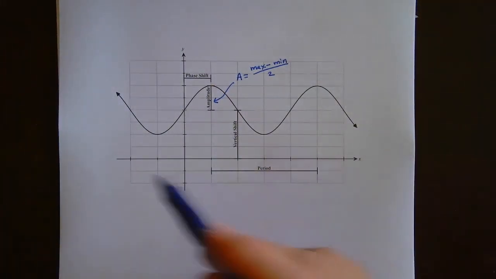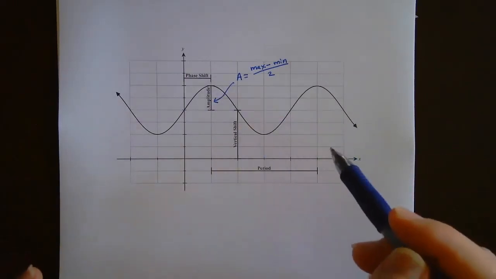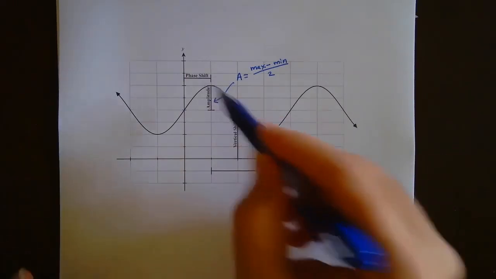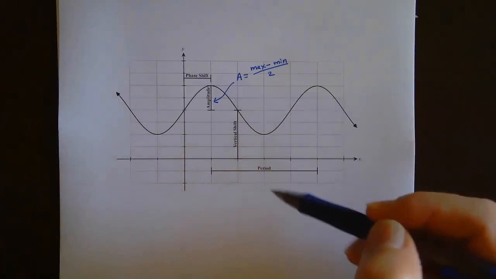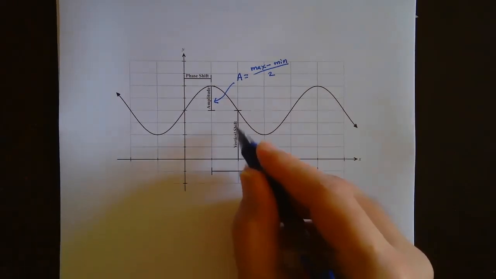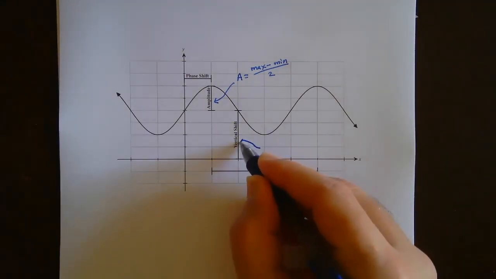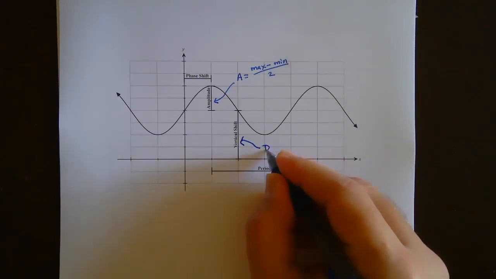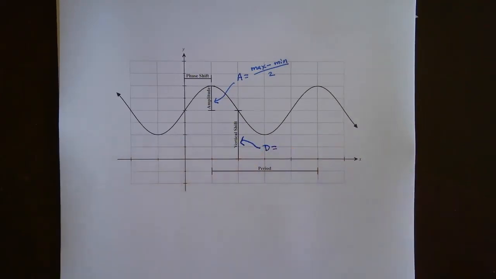Now, this is the cosine curve that's been transformed. It's been shifted up because you can tell the entire graph's above the x-axis, so we don't have it equally spaced above and below. So how much did it get shifted up? This is our vertical shift. That's our D. So this vertical shift is our D value, and it is how far we've shifted it up or down, and it's right in the middle of your max and your min.